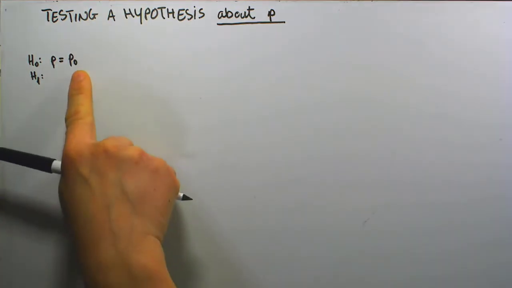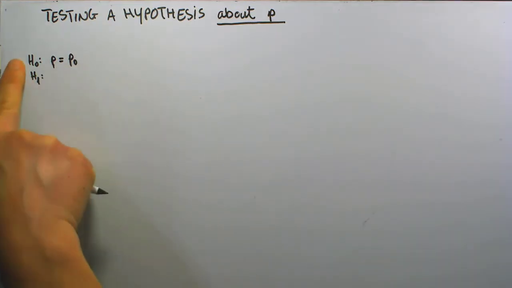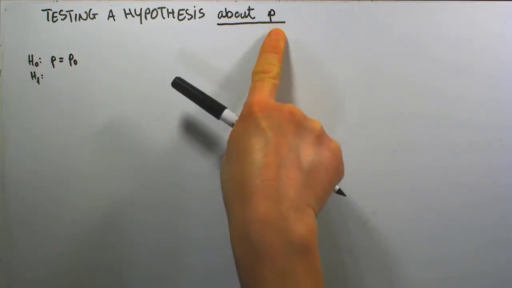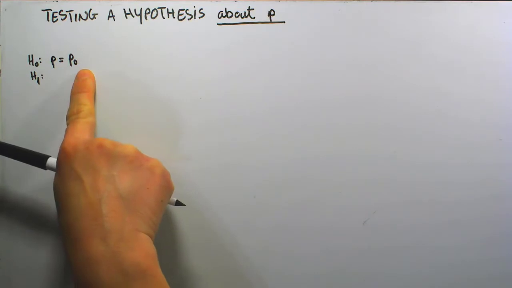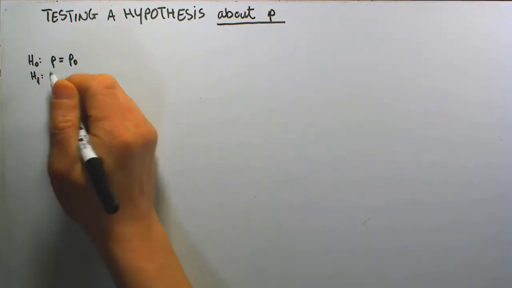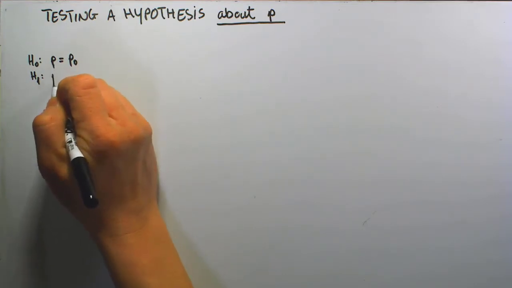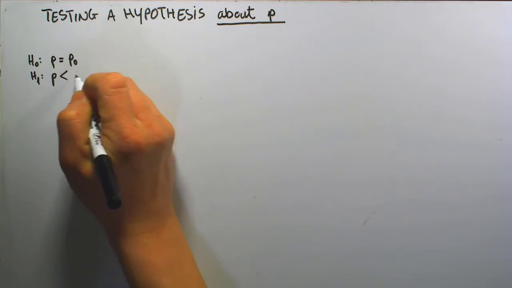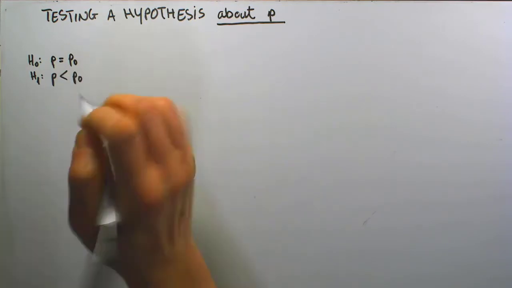So this value here is a value that our null hypothesis is claiming that the population proportion equals to this claimed value. And then in one case, the alternative hypothesis will read P is less than the value claimed in the null hypothesis.